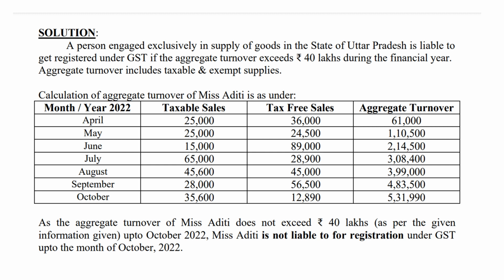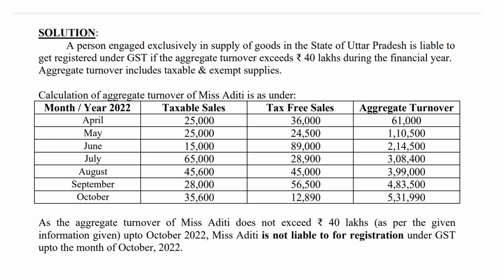So 25,000 plus 24,500 plus 61,000, you will get the answer as 1,10,500. Then in the month of June, you will have taxable sales of 15,000, tax-free sales of 89,000, and the aggregate turnover of the month of May, that is 1,10,500. So you will get the total 2,14,500. The same way you have to keep on doing it till the month of October.